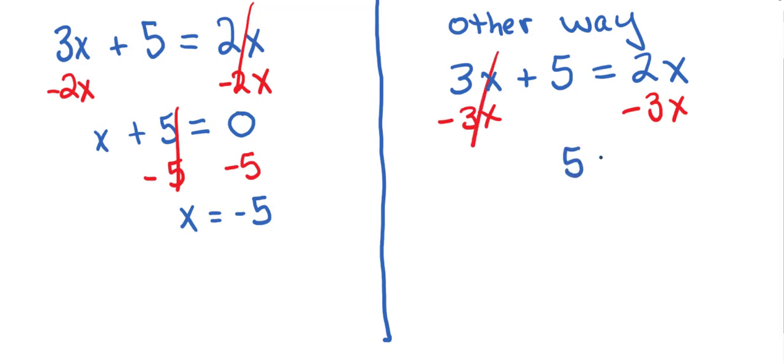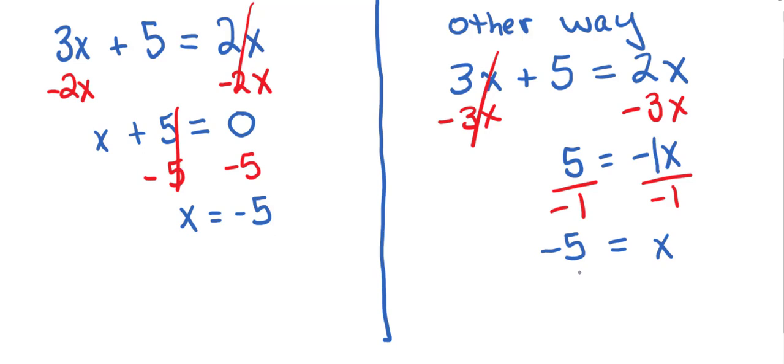So 5 equals negative 1x. Now remember, you're not allowed to leave an equation like that. And this is a negative 1. You can write it if you want. So you have to divide out that negative 1. So x equals negative 5.